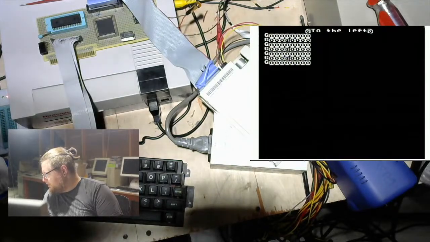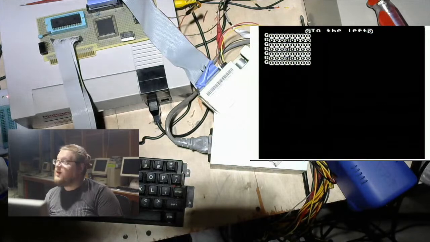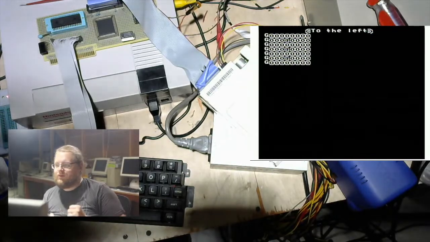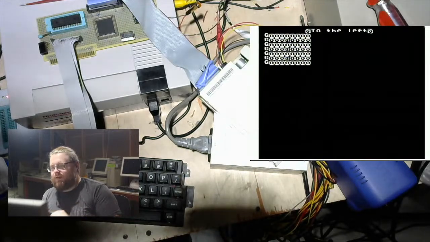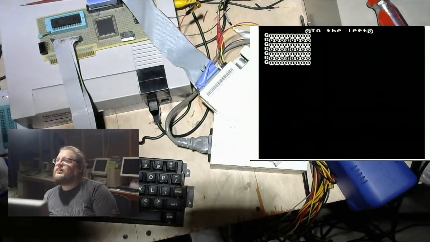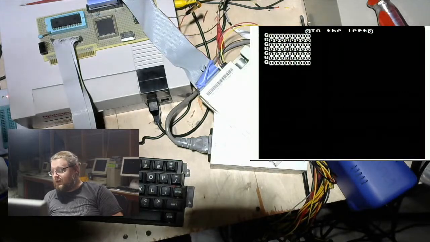But yeah, a monitor would probably be good to have regardless, because if I want to boot stuff off the floppy, it would be cool to have a monitor. This is what I was trying to decide last time: do we just put BASIC on the ROM, and that's our fallback?